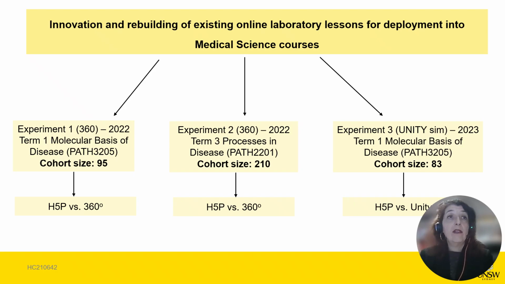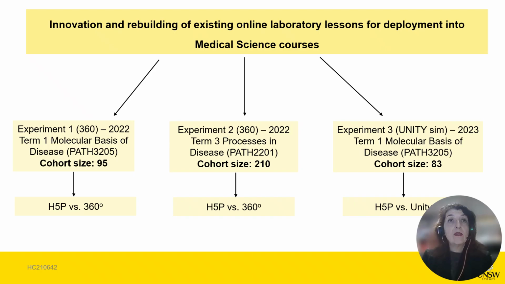The student numbers were 95 in 2022 and 83 in 2023. We wanted to evaluate whether students had an improved learning experience when comparing H5P with 360-degree immersive environments, and later on in 2023, H5P versus the Unity environment.